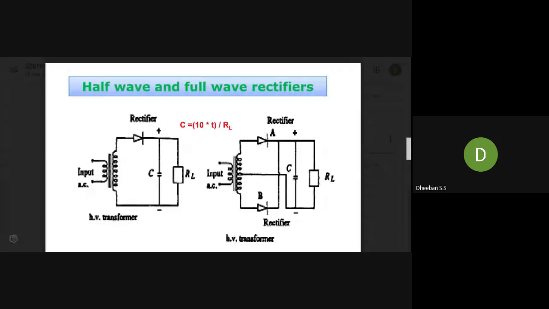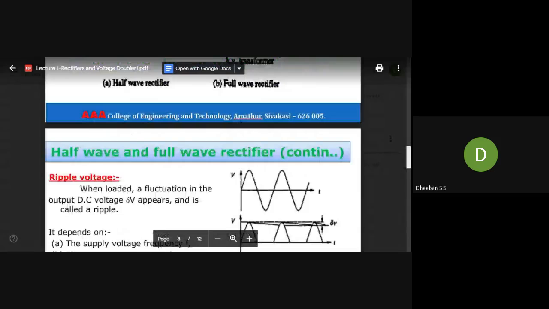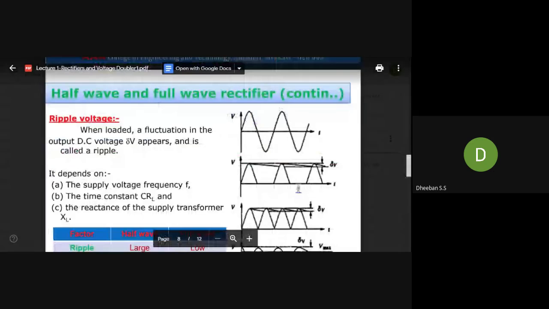You already know the difference between power diodes and normal diodes, or power transistors and normal transistors. For thyristors, you can refer to power electronics if you need. This one gives output for one half cycle, and this one for both half cycles. So this is the half wave and full wave rectifier.